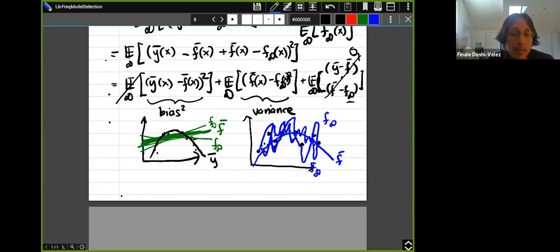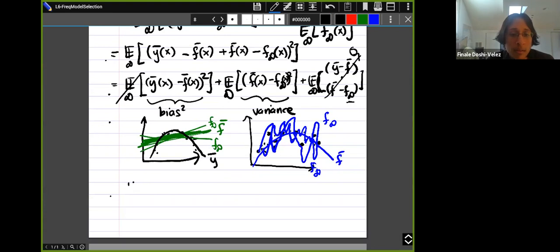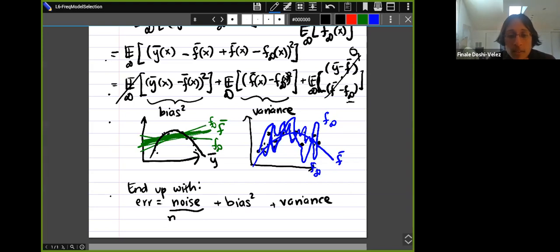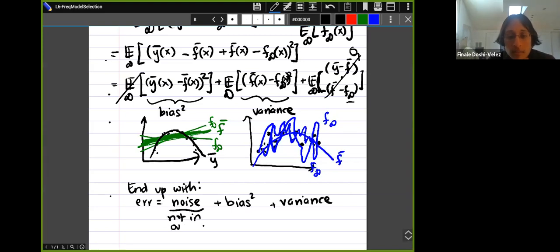So what I end up with is that my error has some part that's noise, some part that's bias squared, and some part that's coming from variance. This is not in our control, and this is in our control.